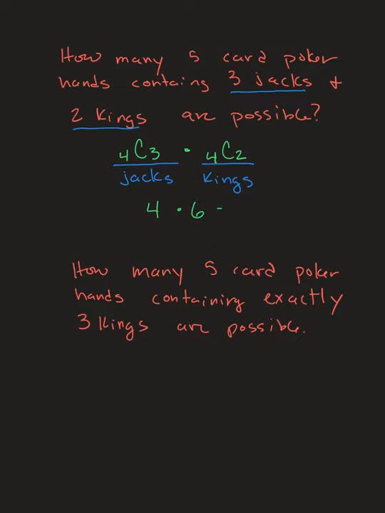Multiply that together and I get 24. So there are 24 poker hands that contain 3 jacks and 2 kings. That's not very many, given that there's over 2 million outcomes. The probability that you're going to get 3 jacks and 2 kings is fairly rare.